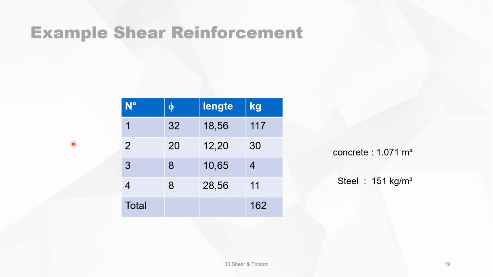And then you have the steel usage, which is 151 kilogram per cubic meter of concrete. It's just the total amount of reinforcement divided by the volume of the concrete.